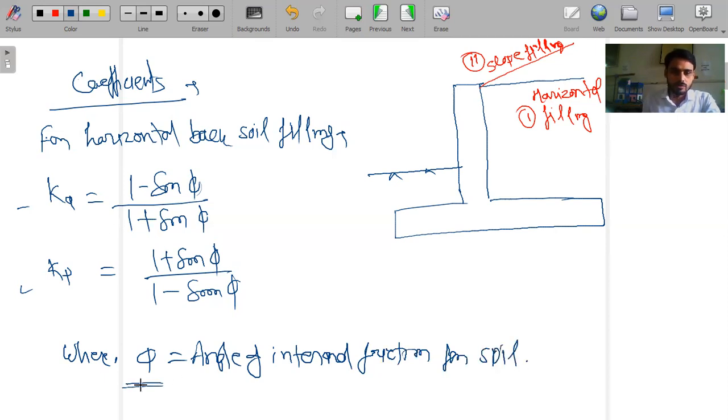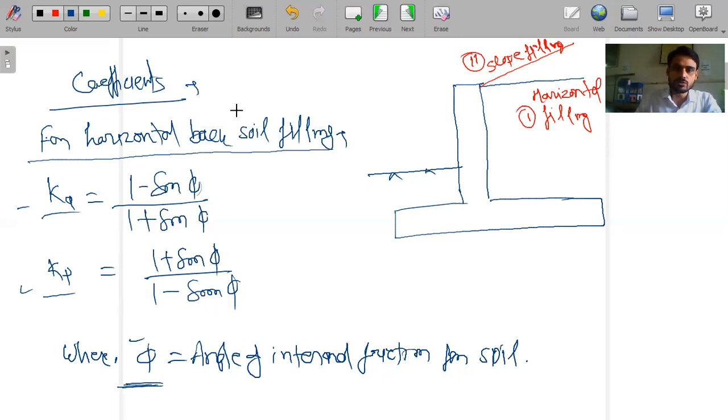Okay, so we will also have this value for different kinds of soil, the value of phi. So with the use of the value of phi, angle of internal friction or angle of repose, we can calculate the earth pressure coefficient very easily, right? So that is the first category when we have done the horizontal back filling of soil.